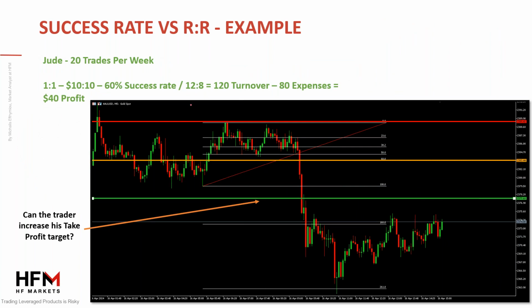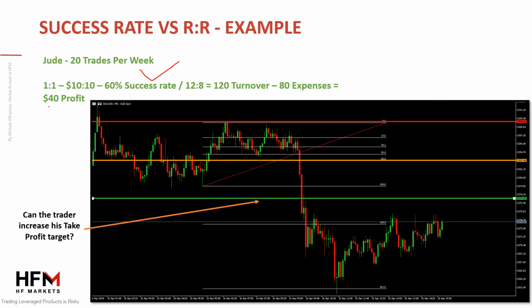This time somebody is a successful trader, slightly, should we say, it's not very successful actually. He's got a success rate of 60%, but based on the previous slide, a much better trader. 60% of each trades he closes in a profit, 40% he closes in a loss.